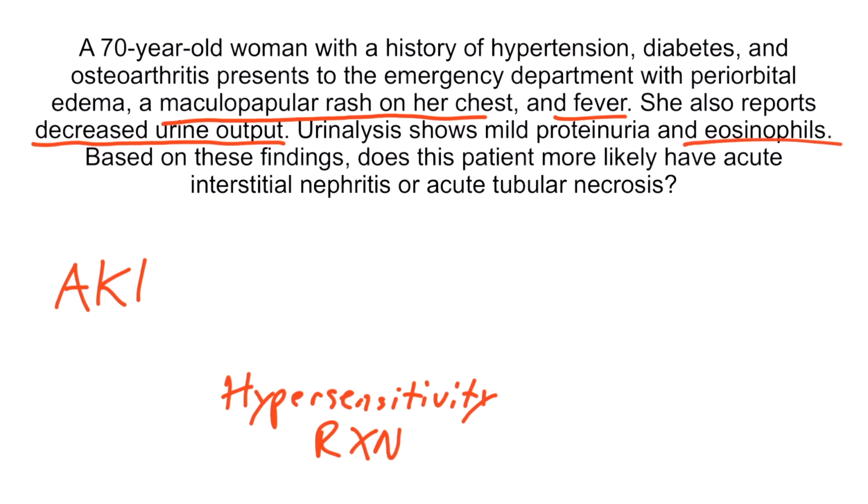So we're pretty confident that this is a hypersensitivity reaction, and this is acute interstitial nephritis. And we're not thinking about acute tubular necrosis because those patients would have brown granular casts. They wouldn't have eosinophils in the urine. So again, acute interstitial nephritis is more likely than acute tubular necrosis.